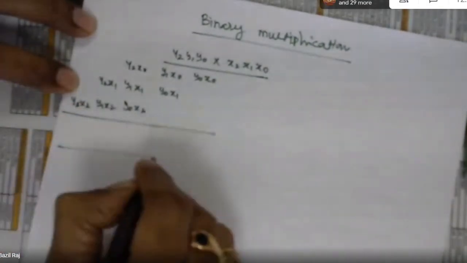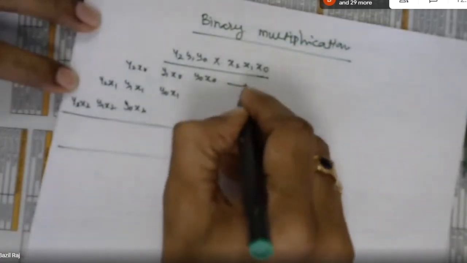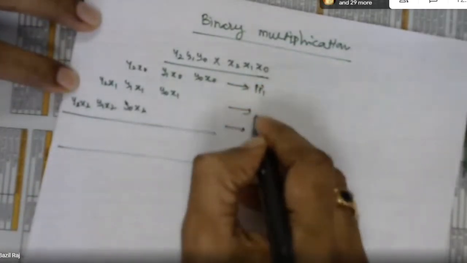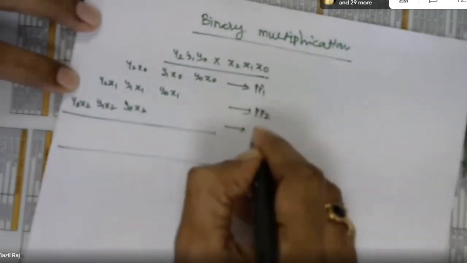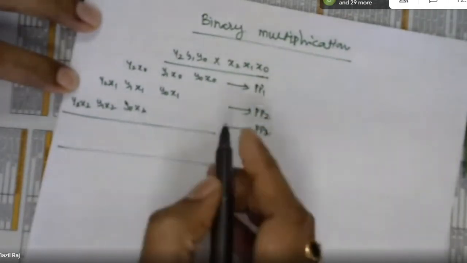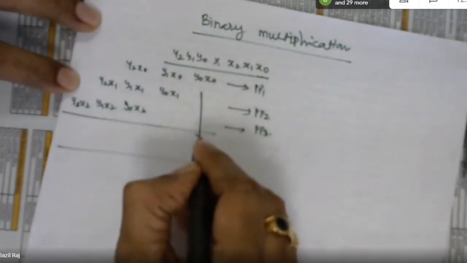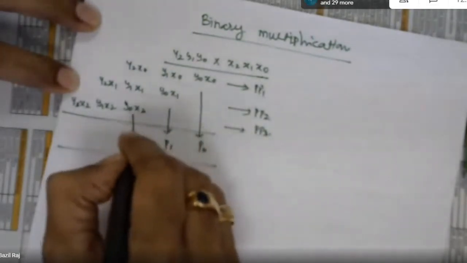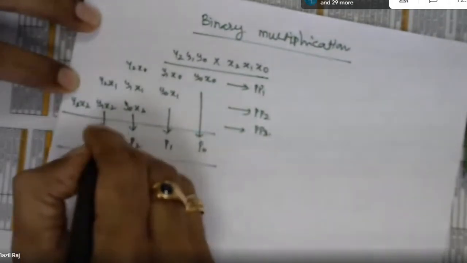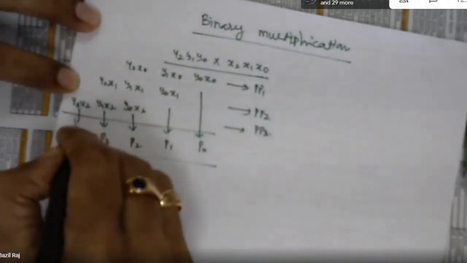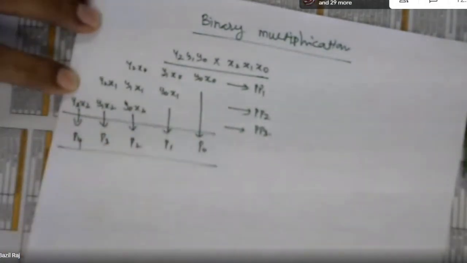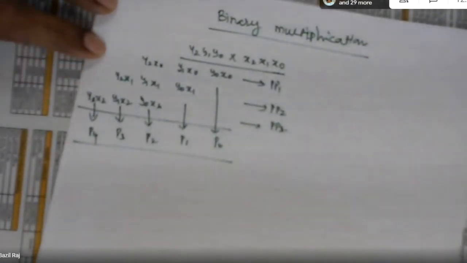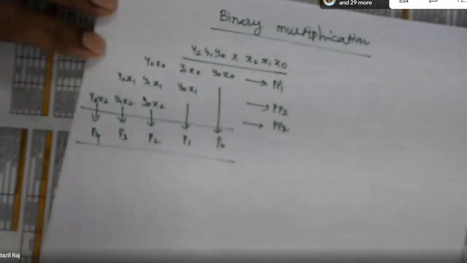Then finally, these are called partial product 1, partial product 2, partial product 3. Then this is P0, P1, P2, P3, and this is P4. Can you see this? All of you can, okay, fine.